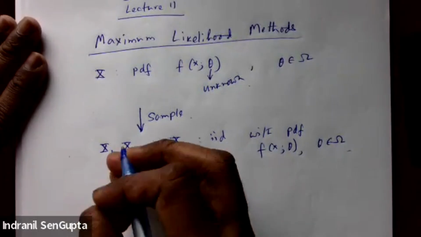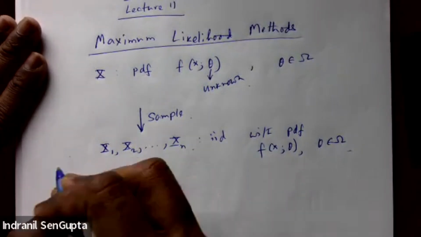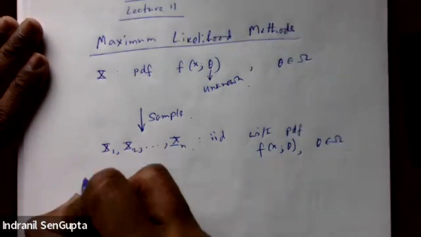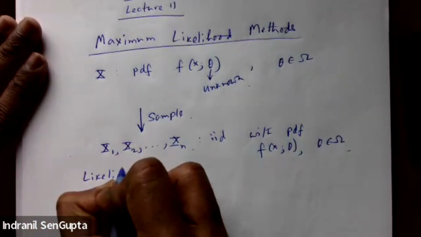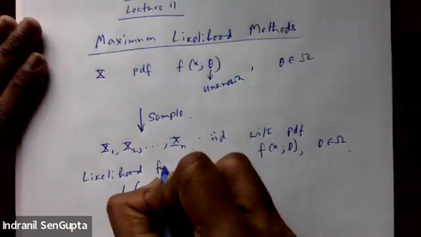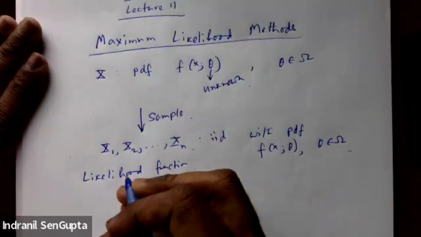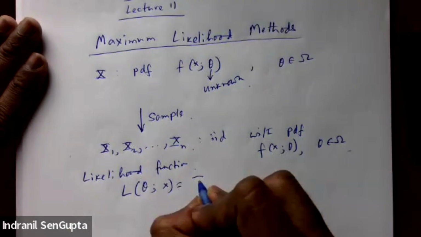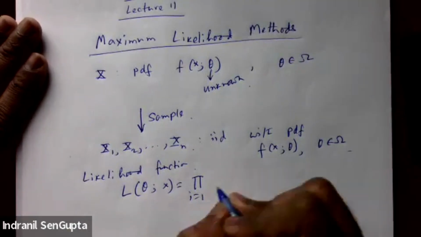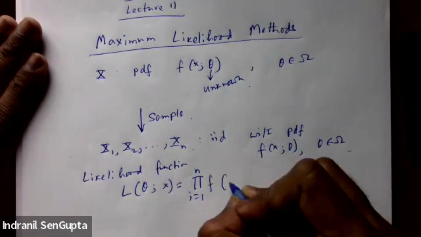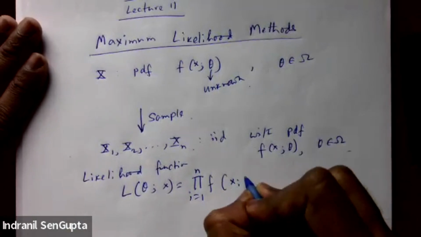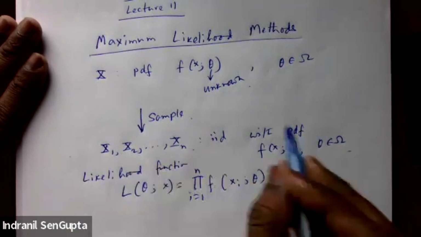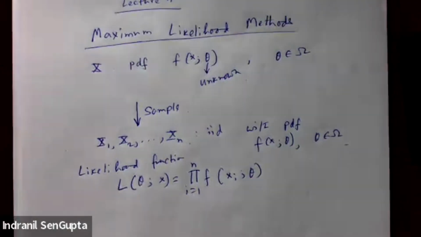Remember, there is a two-step procedure. Step 1 is you construct the likelihood function. The likelihood function in this case is L(theta; x), which is the product of the likelihood functions for these different random variables.